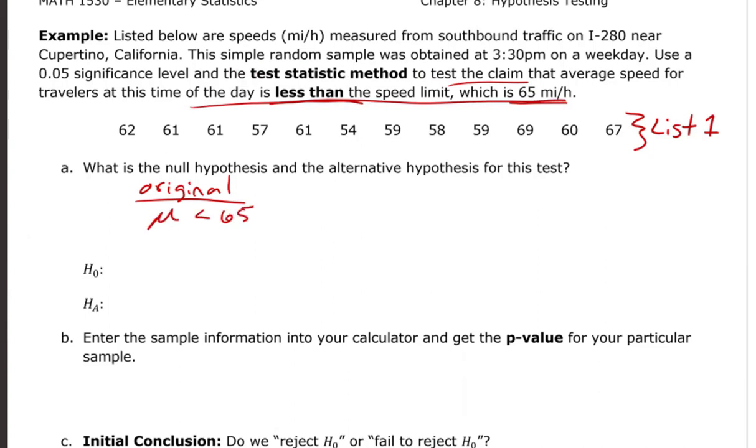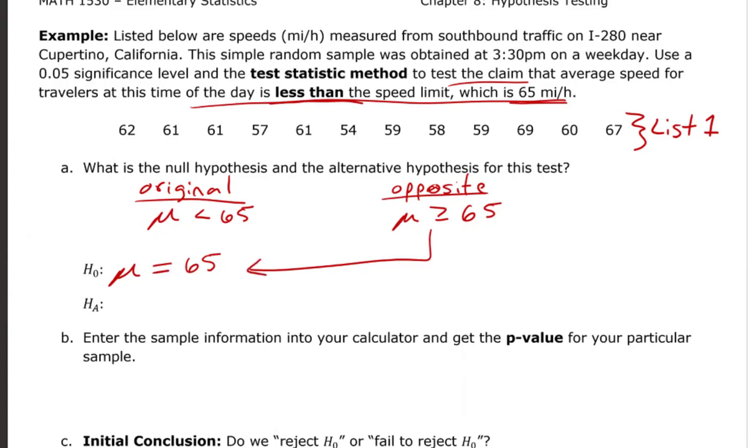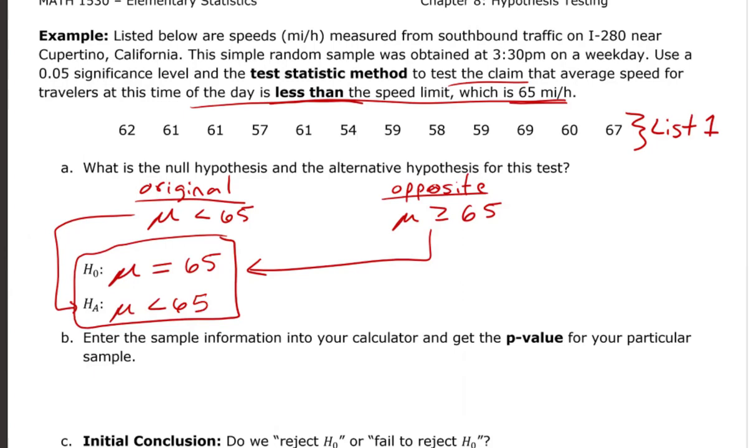My opposite is going to be mean greater than or equal to 65. So our mu0 will be equal to 65. That comes straight from the opposite claim. That means the original claim is going to shape my alternative, which will be less than 65. So there's setting up your null and your alternative hypothesis.